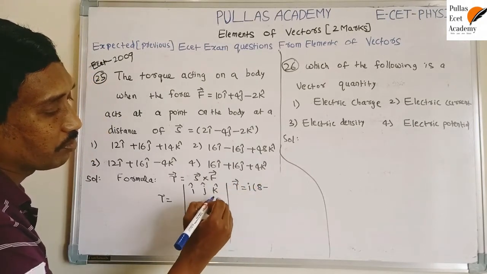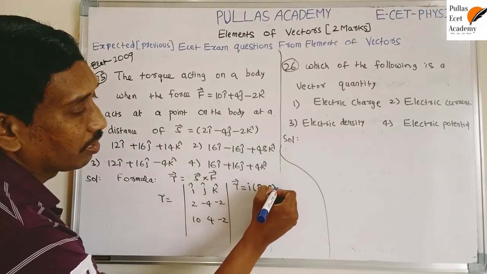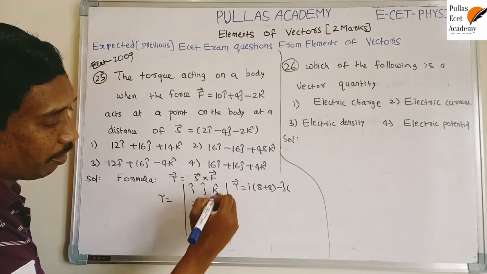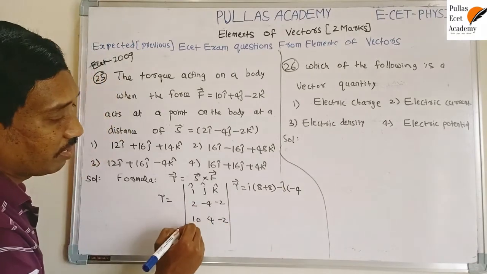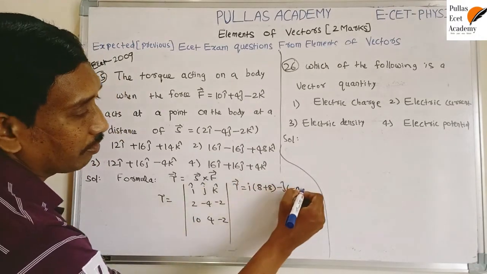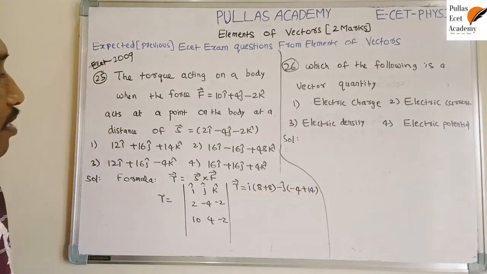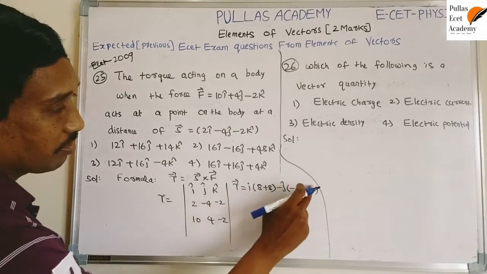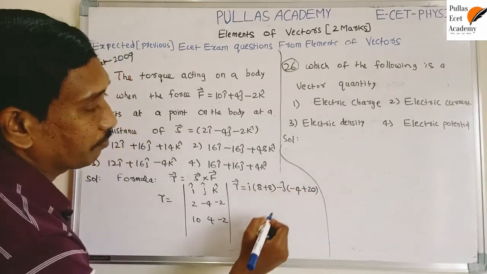Next, minus 4 times 4 is minus 16, already minus 8, minus into minus is plus. Next minus j cap into, this is minus j cap into minus 4 minus 20, so we have to consider plus 14. Sorry, this is 10 times 2 is 20.